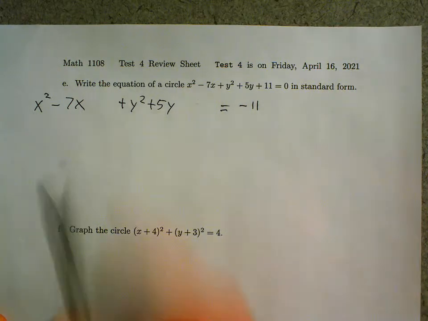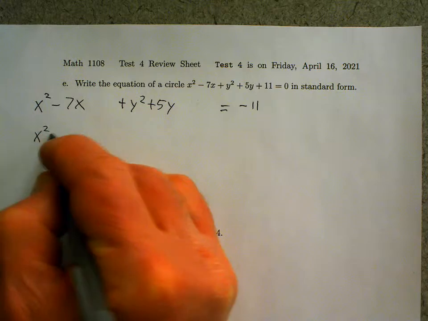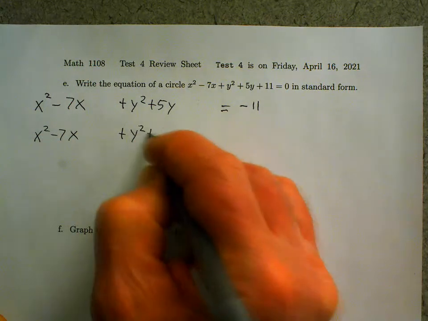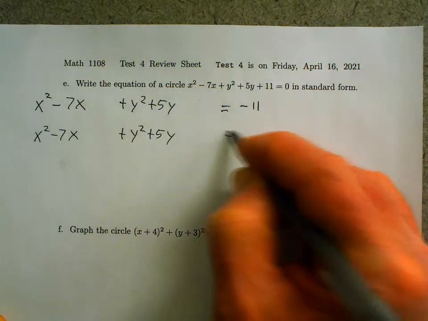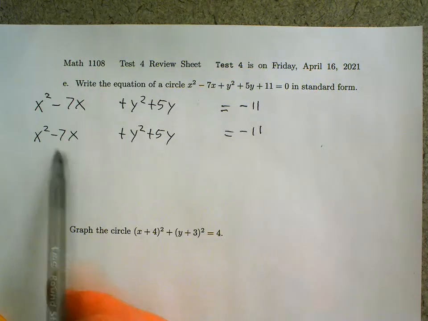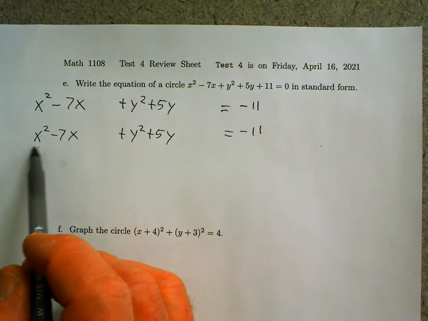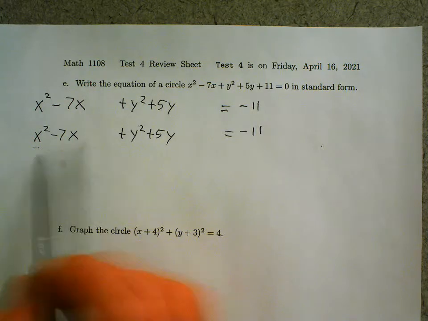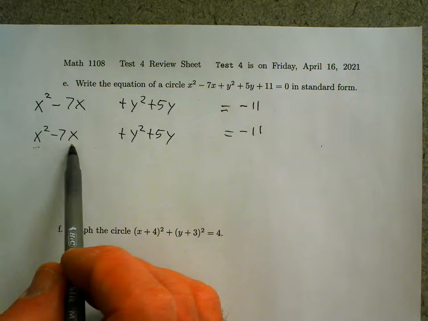Then the next step, we're going to create two perfect square trinomials. We're going to add a number to both sides of the equation so that we get a perfect square trinomial when we add that number to x squared minus 7x.